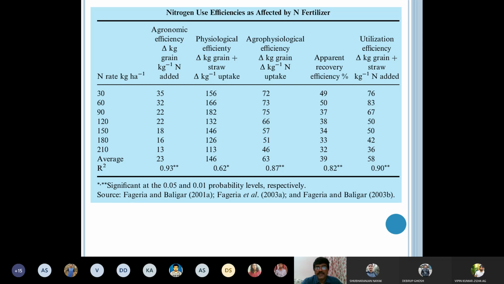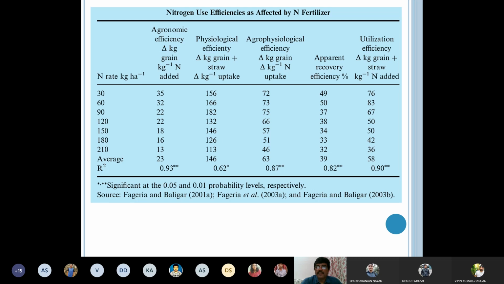Similarly, physiological efficiency increases up to 90 kg. Here it increases up to 90 kg, which means it is responding up to 90 kg. It is increasing at an increasing rate, you can say, and then it starts falling. So it is decreasing, and similar is the case of agrophysiological efficiency, which is change in kg grain per kg nitrogen uptake per kg nitrogen.